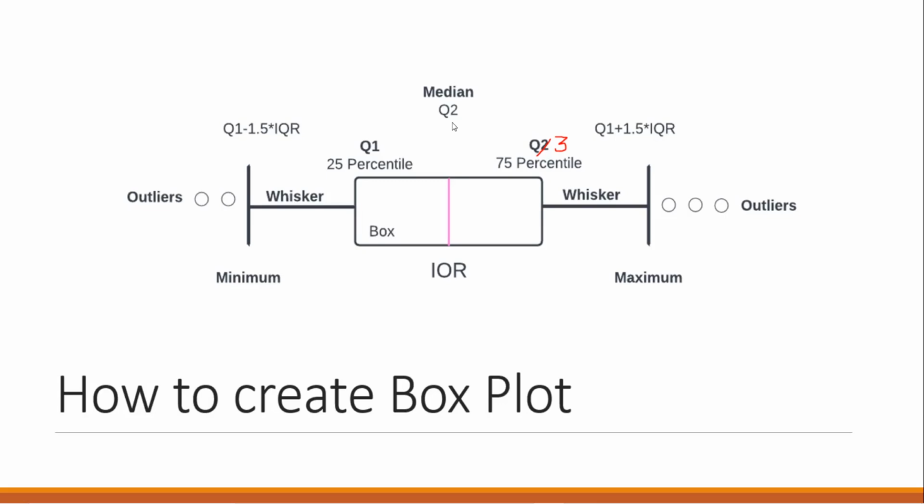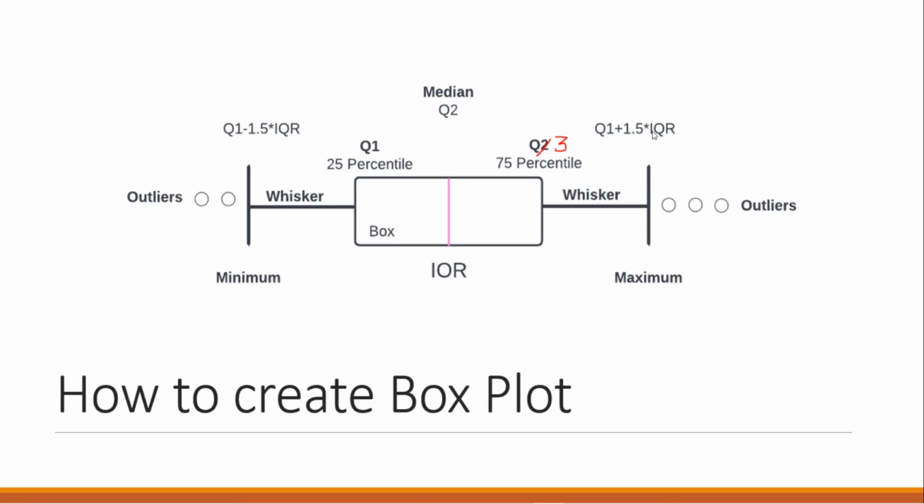Then the line extended from the box is known as whisker. So here you can see whiskers and this line extends to Q1 minus 1.5 into IQR and Q3 plus 1.5 into IQR, or the last data point if it is less than this value.